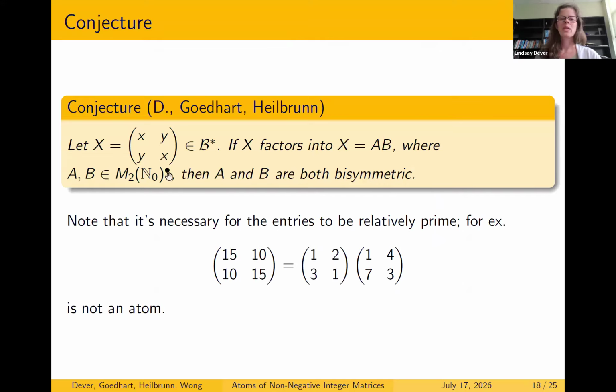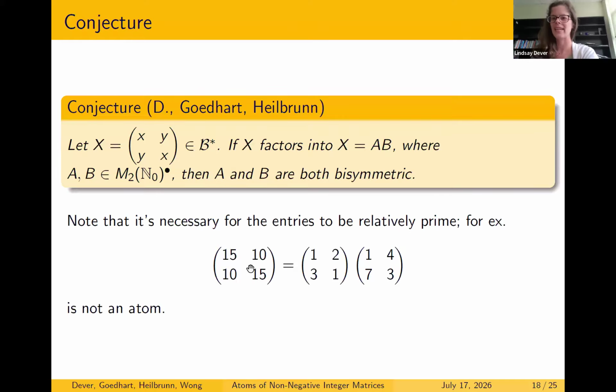Keep in mind that it's necessary for these entries to be relatively prime. For example, here, 15, 10, 10, 15 factors into these two matrices, which are not bisymmetric. And this was very surprising to me, that this couldn't happen if the entries were relatively prime.